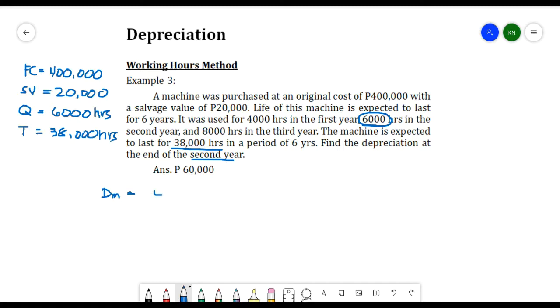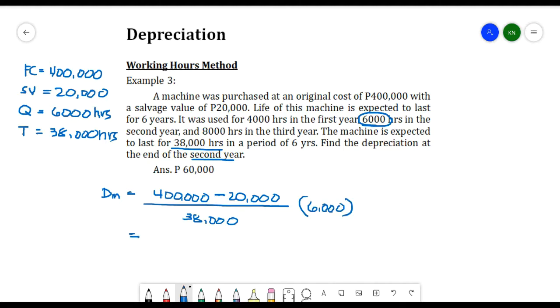So we have 400,000 minus 20,000 all over T, which is 38,000, multiplied by our 6,000, and that is equivalent to 60,000 pesos. So this is now our DM at the end of the second year.